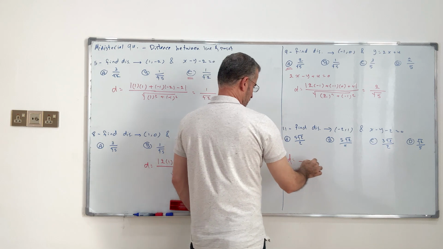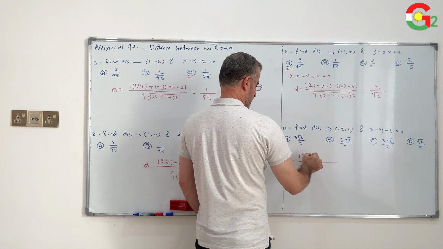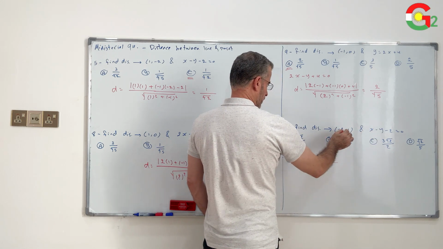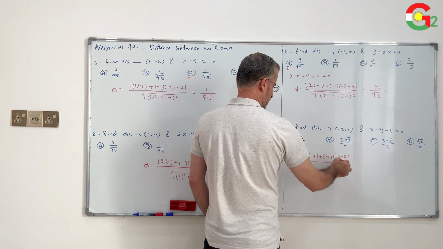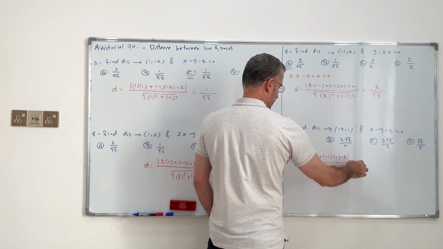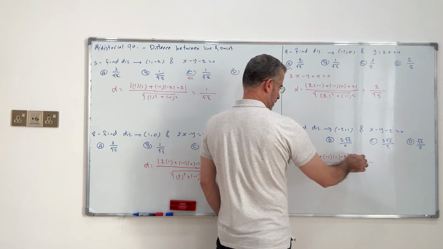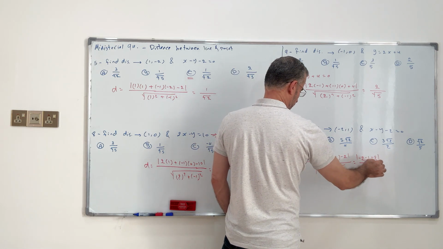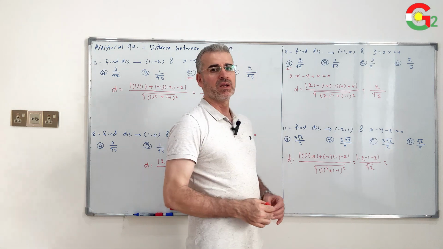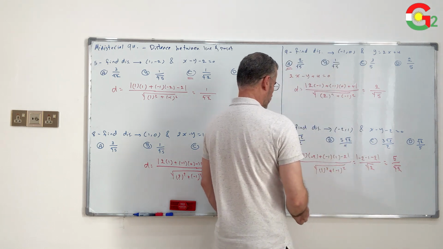The equation of the line is in general form, then the distance is the absolute value of 1 times negative 2 plus negative 1 times 1 minus 2, over the square root of 1 squared plus negative 1 squared, equal to negative 2 minus 1 minus 2, which is negative 5, absolute value 5, over square root 2.